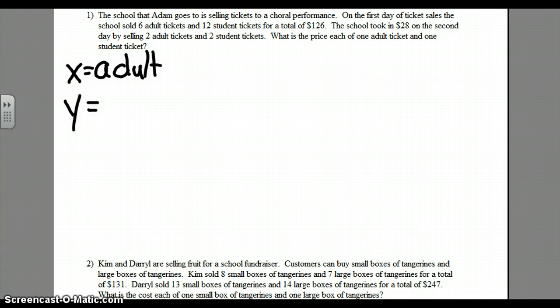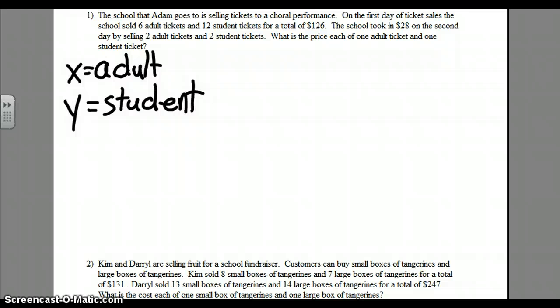I'm going to use x and y just because an s can look like a 5. Once we've identified our 2 variables, and that'll usually come from the question piece, when you read the question, what is the price each of 1 adult ticket and 1 student ticket? That tells you what we're trying to find.